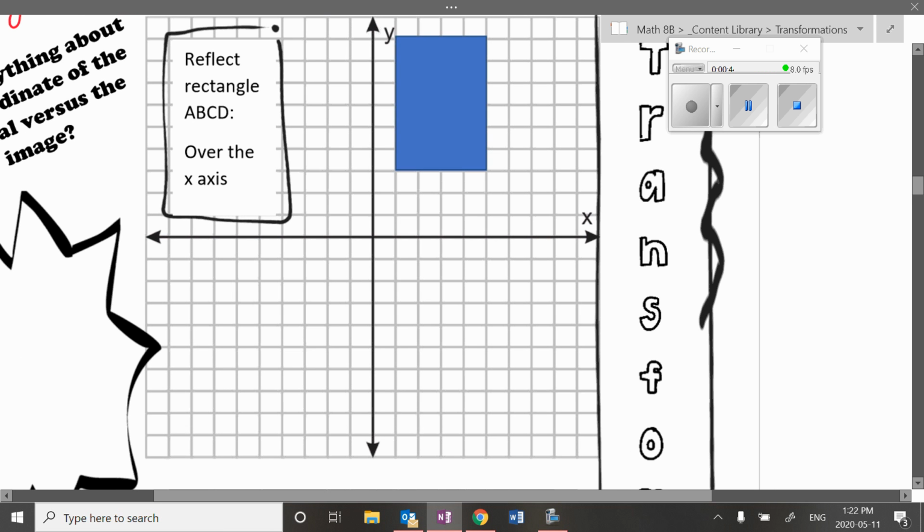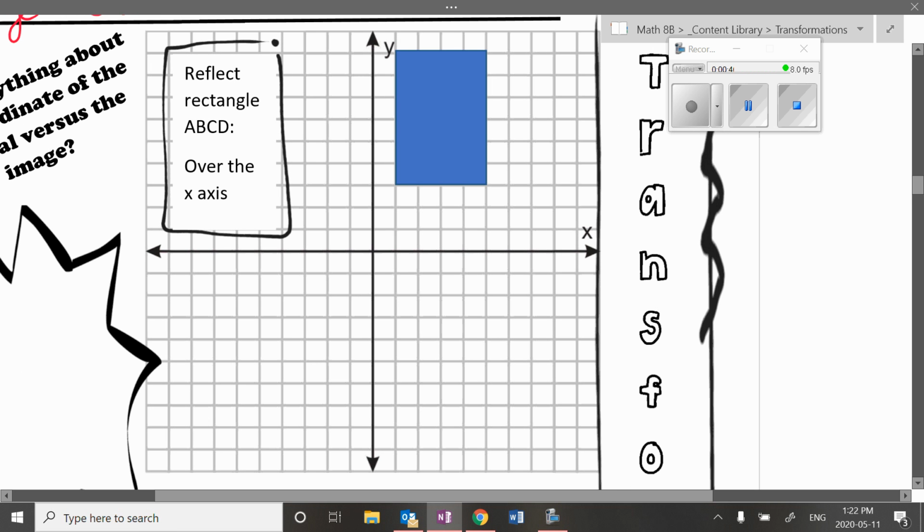So let's go over this first example here. It's easiest to start off by labeling our coordinates. So we have A, B, C, and D. We do horizontal then vertical. So A is 1 to the right and 3 up.